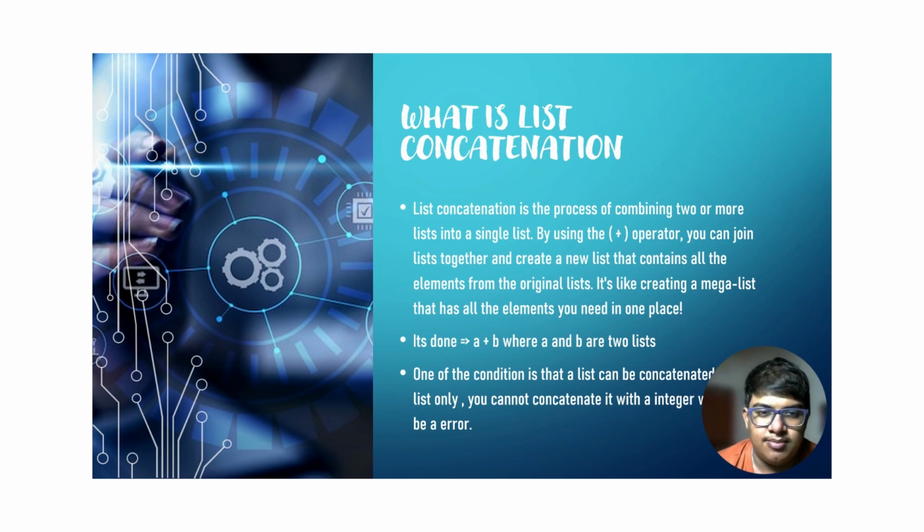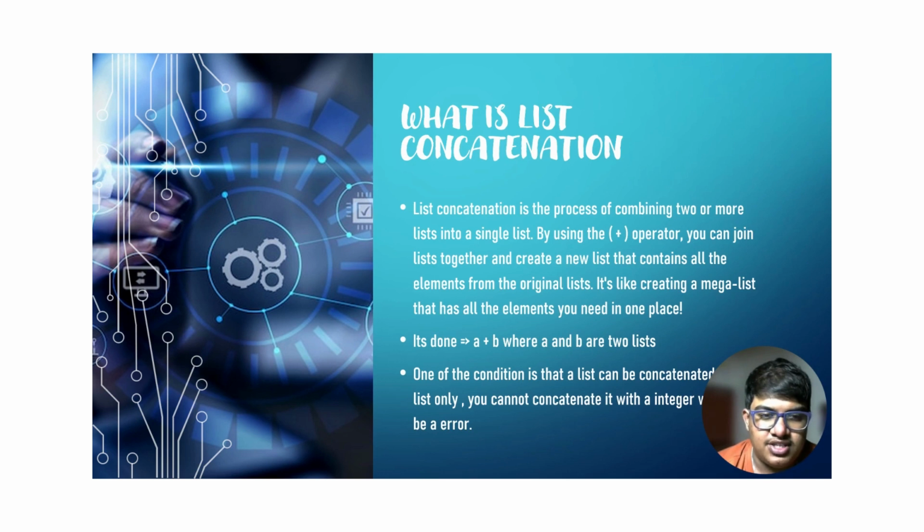This is done by using the concatenation operator, or plus, as you see over there. You can join the lists together and create a new list that contains all the elements from the original lists. It is like creating a mega list that has all the elements you need in one place.